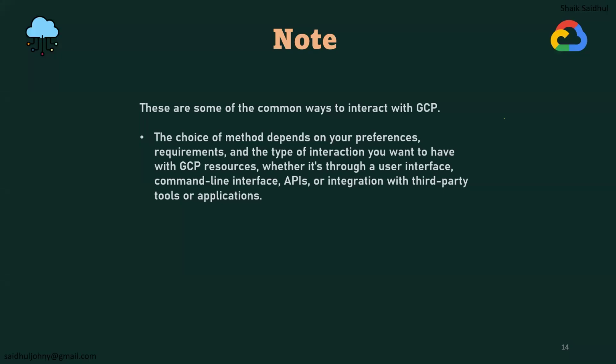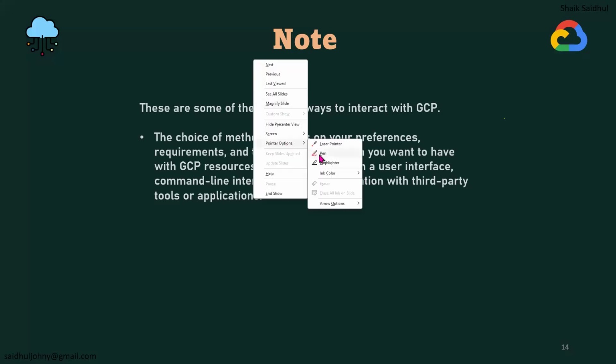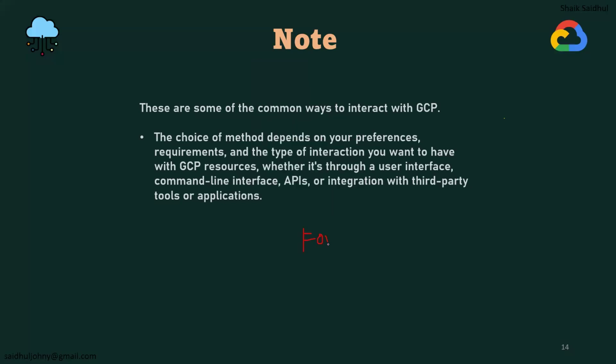So it is totally according to your requirement or according to your comfort or the interaction that you wanted to have. So you can choose anything, but most of the time it will be according to your project requirement only. Recently we were working for one of the companies, Ford. There was one project I was working on for Ford company three months back. And for Ford, we have to interact with BigQuery.